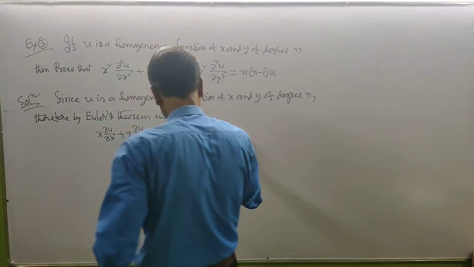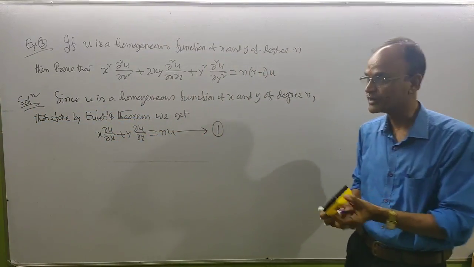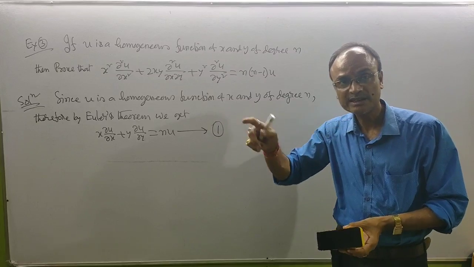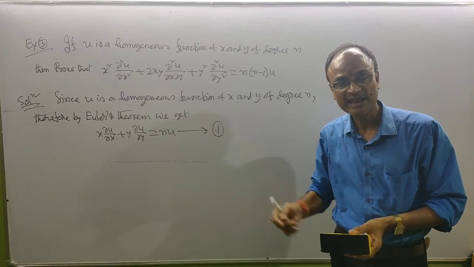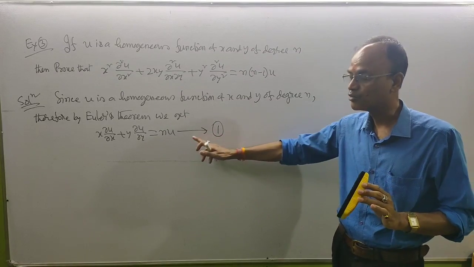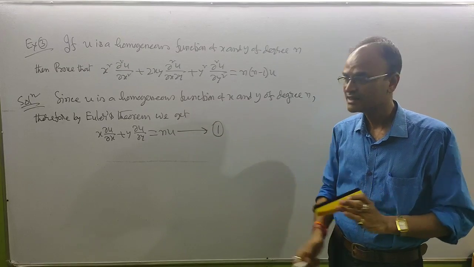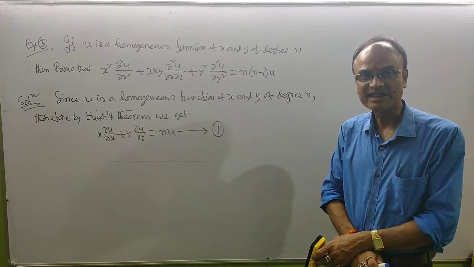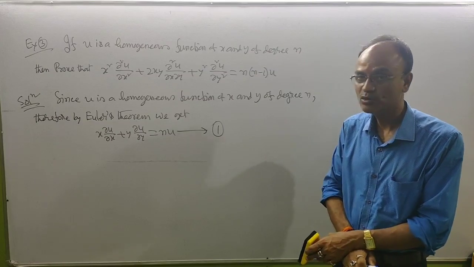Just we have written the statement of Euler's theorem. You are given that u is a homogeneous function of x and y of degree n. Therefore, by Euler's theorem, we may write this statement: x del u by del x plus y del u by del y equal to n u.